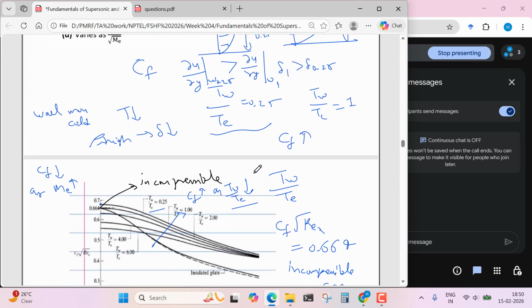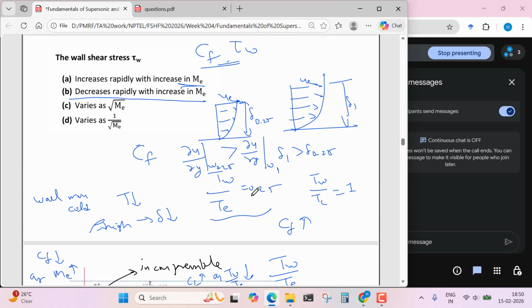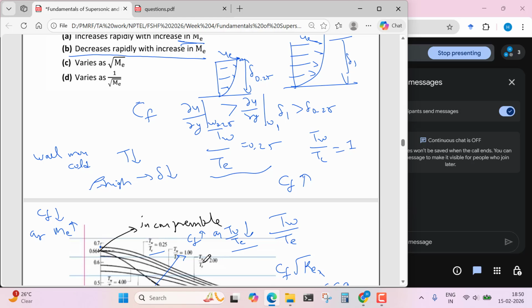So why does it happen? First, let's say we have two TW upon TE values, one is 0.25 and one is 1. For the 0.25 case, wall temperature will be lower.